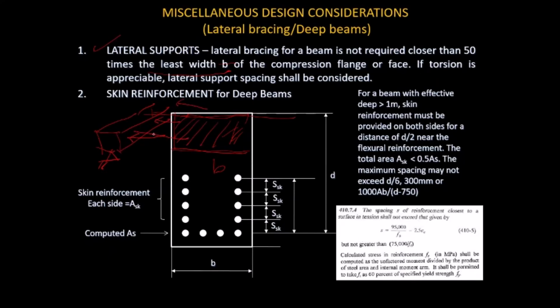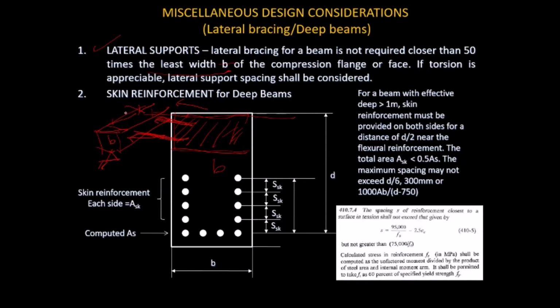Kung steel, kung baga yung beam yan, meron tayong laterally directed supports dito. Yung spacing na yan dapat hindi siya lalagpas sa 50 times the width B dito. Ito width B. Yan ang ibig sabihin niyan.